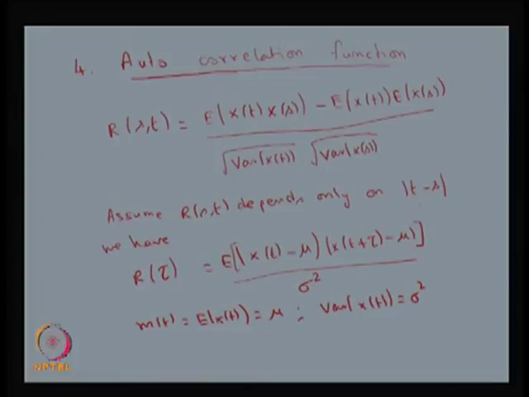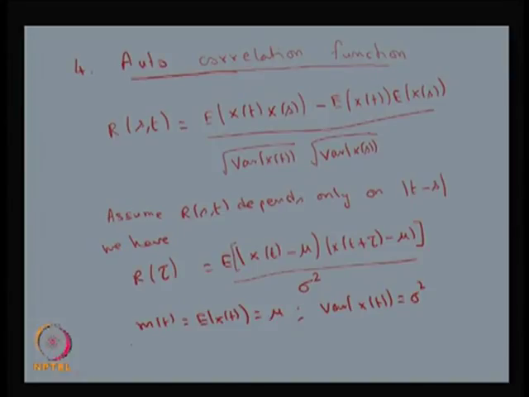In signal processing, we assume that the signal, the corresponding time series, satisfies the stationary property. Therefore, the stationary property implies the autocorrelation function depends only on the length of the interval, not the actual time. Therefore, this R of tau will be used in signal processing as well as in general time series analysis.